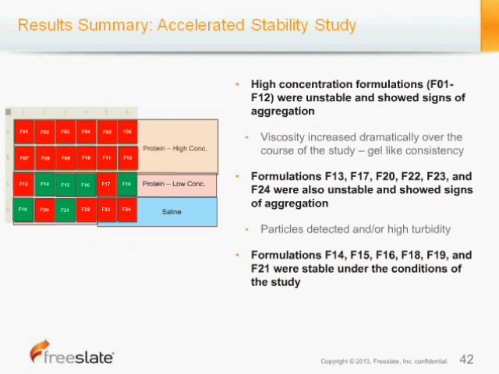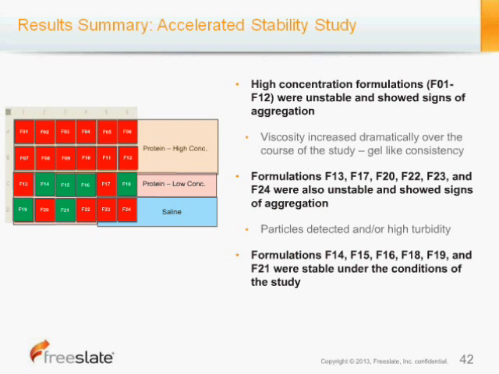So the results and conclusion from the accelerated stability study were this. For the high concentration formulations, which were F1 through F12, those formulations were unstable and definitely showed signs of aggregation. In fact, if you remember what I mentioned when we pulled those out of the incubator at the 45 degree C 90-day time point, those formulations had a gel-like consistency.